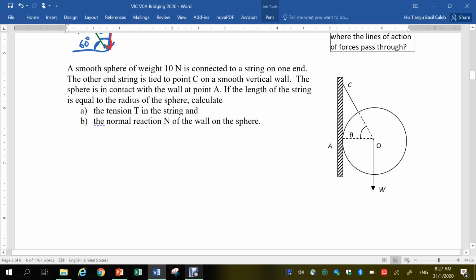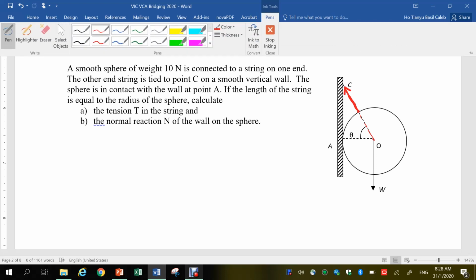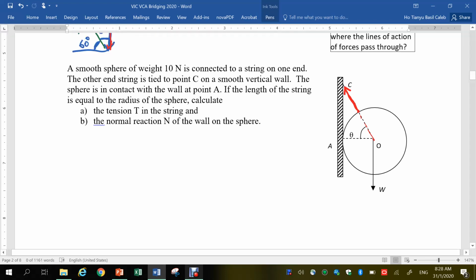So first step is to draw the forces on the object. Tension acts on this point here and it points outwards. If we dot out the lines of action, it goes through O. At A, there's a normal contact force pointing perpendicular to the wall, out onto the sphere.